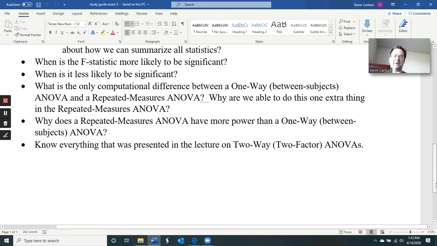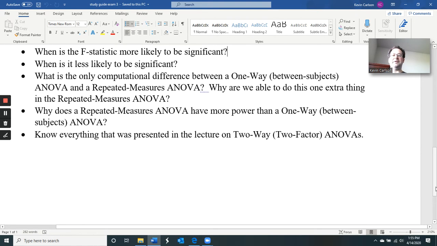And so what makes the F statistic likely to be significant? This is from your one-way ANOVA homework also. So when the variance between groups or between treatments, so when the effect of the IV, is higher than, in the one-way ANOVA it's the within, in the repeated measures it's the error, the stuff that we don't know.